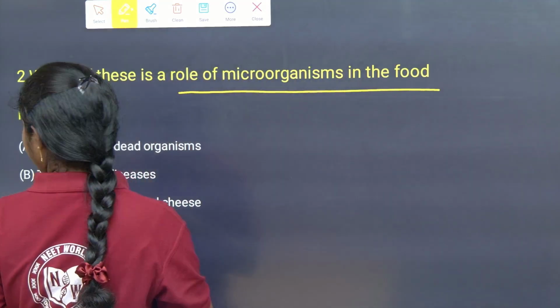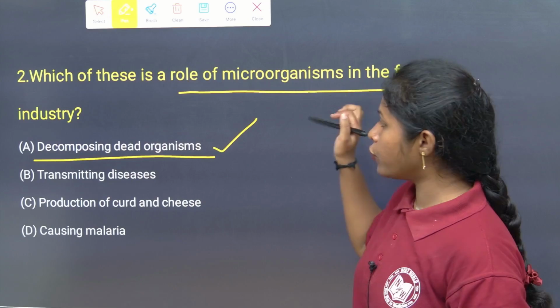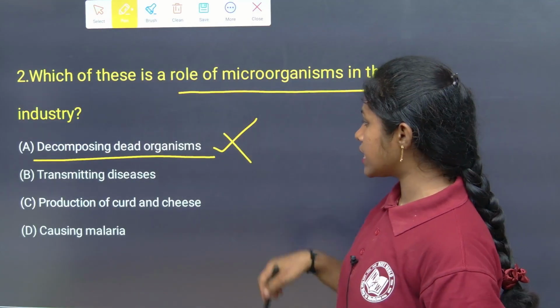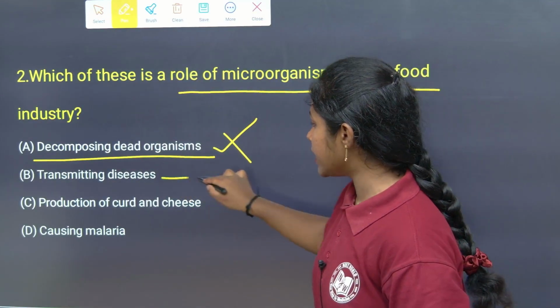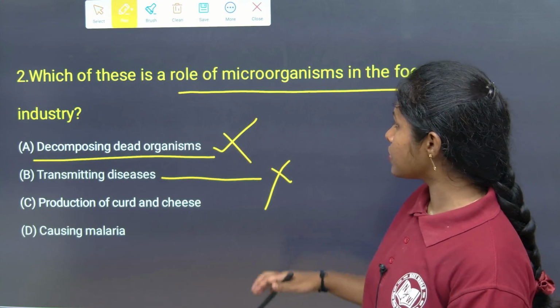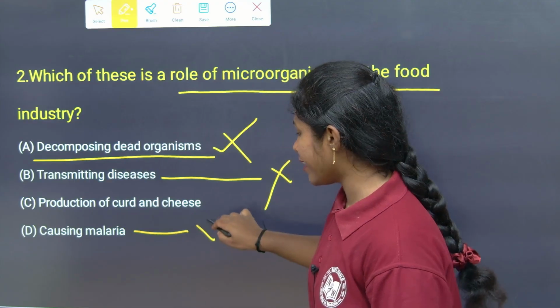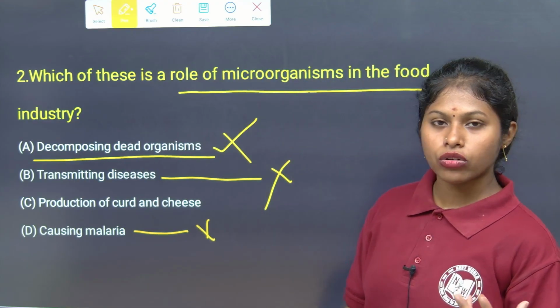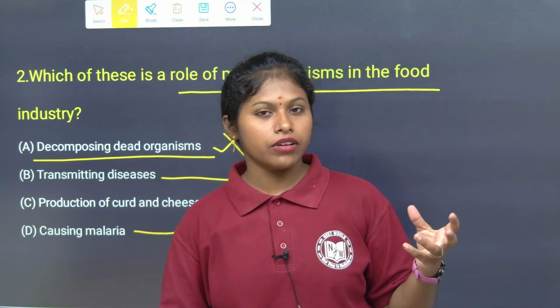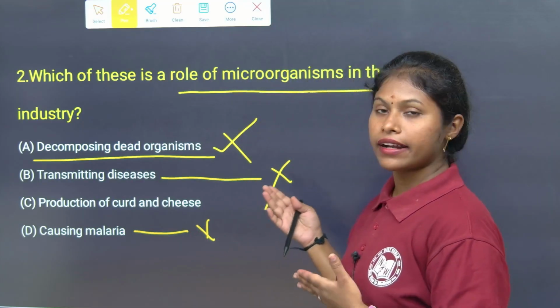Here they gave decomposing dead organisms. Is that used in the food industry? No, the statement itself is wrong. Transmitting diseases, no, that is also a wrong statement. Causing malaria is absolutely wrong; in the food industry it is not allowed to transmit diseases.